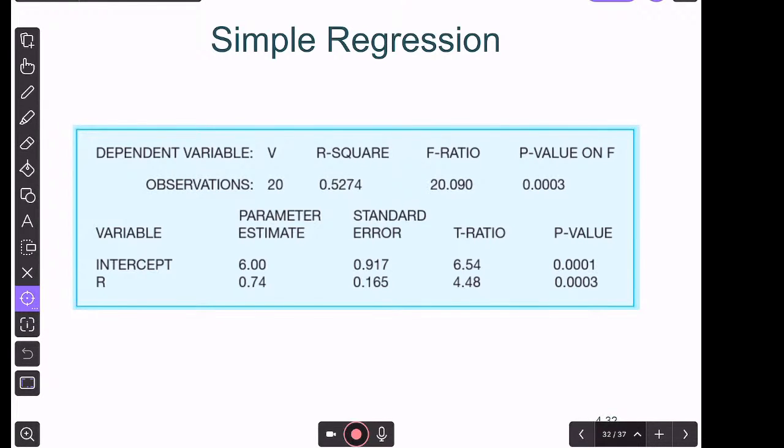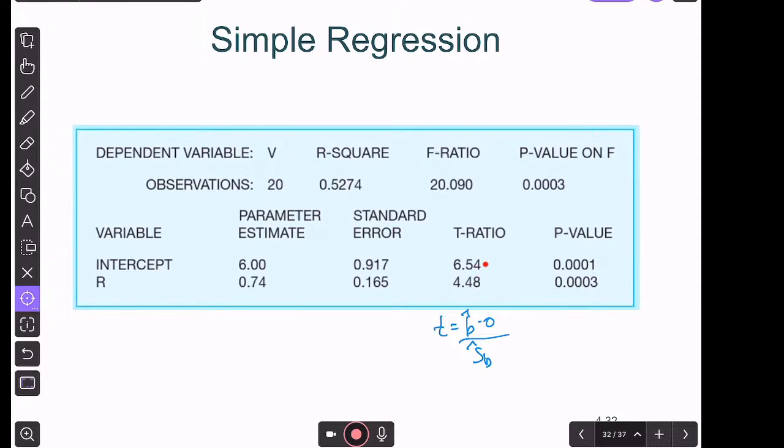It already calculated the t ratio for you. It's already done for you. The standardized value, right? So this is saying this is 7 standard deviations from 0.